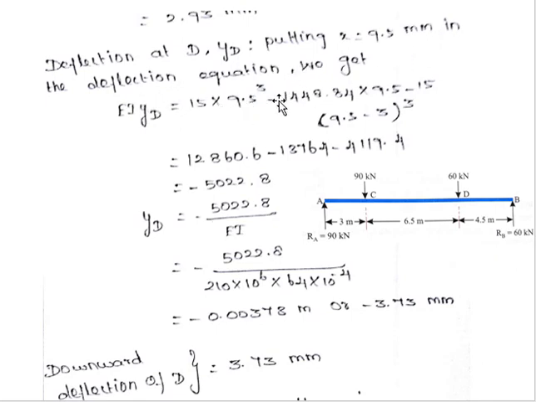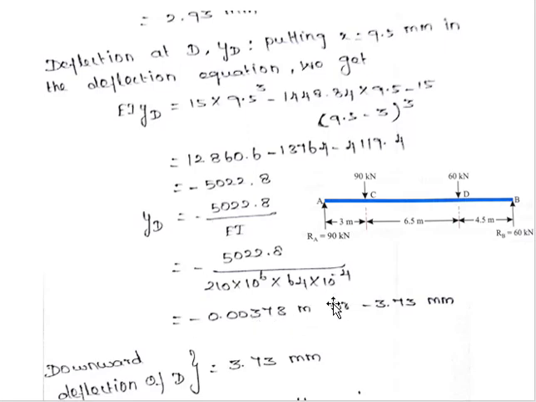We get 15 into 9.5 whole cubed minus C1 value, minus 1448.84 into 9.5, minus 15 into (9.5 minus 3) whole cubed. So by solving the equation, you get yD equal to minus 3.73 mm. In your calculator you get minus 0.00373 meter.